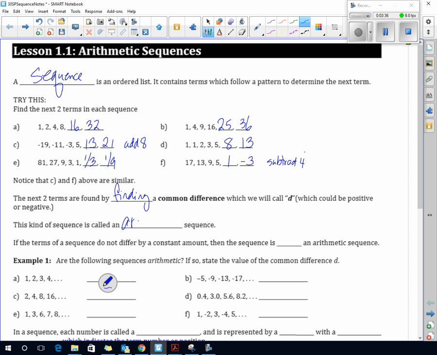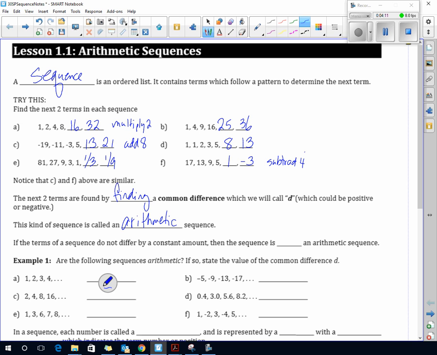So for instance, A is not an arithmetic sequence. It's something called a geometric sequence that we'll learn about. Because what were you doing each time here? You were actually multiplying by 2. That's a geometric sequence. This one is not a geometric or an arithmetic because technically you're squaring it each time. This would be a geometric because you're dividing by 3, or you could say you're multiplying by 1/3.